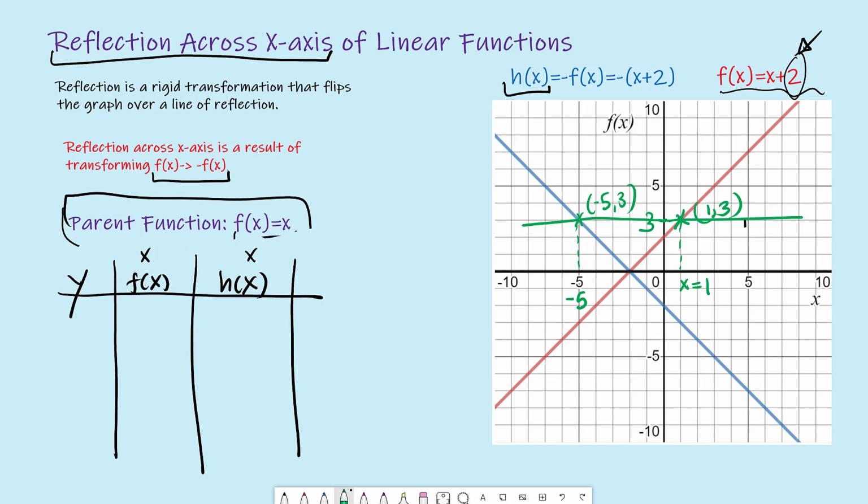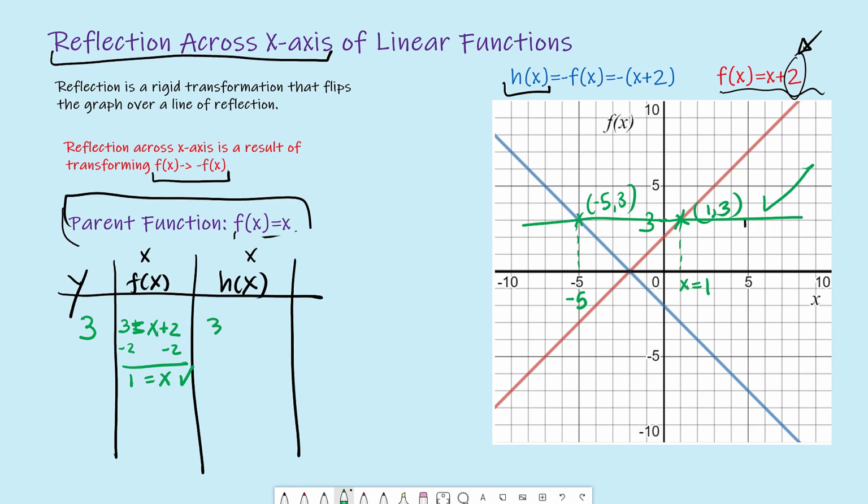Let's see what comes out from our functional form. So we say y equals 3. What do we get for f? Well, f of x is x plus 2, so we have 3 equals x plus 2. Let's subtract 2 from both sides, and we get 1 equals x, which agrees with our finding here. What about h of x?